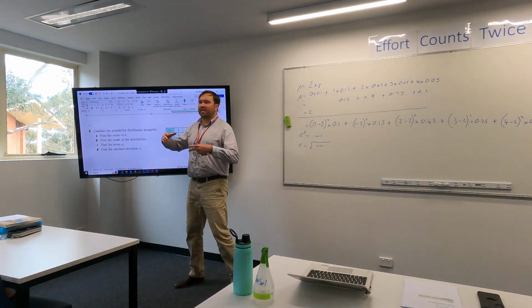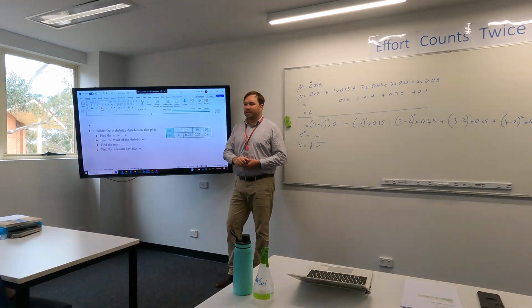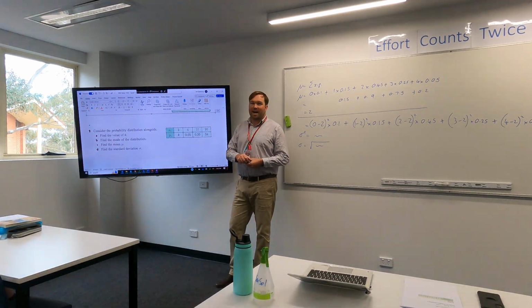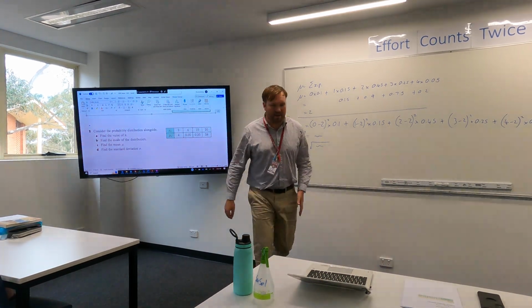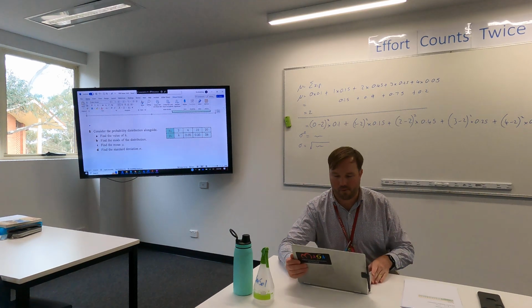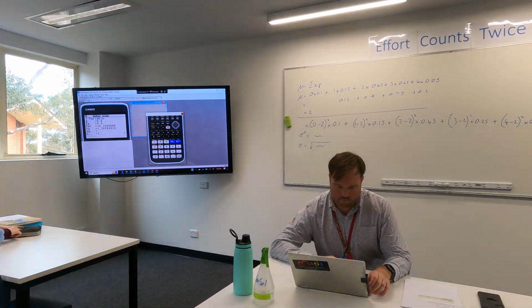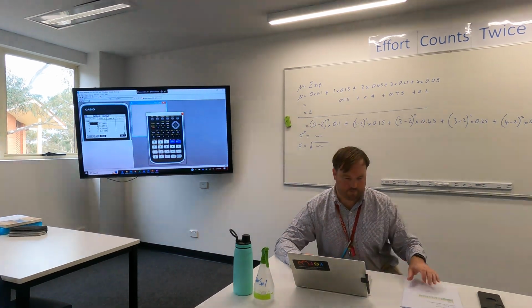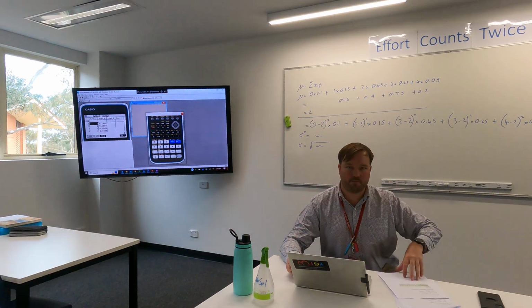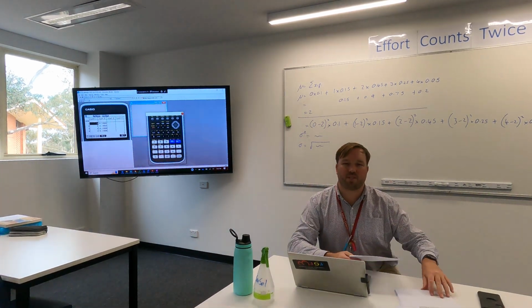Are we happy that, given we just did a similar problem, we could find the mean and standard deviation? Did you want me to do it on the calculator, just to jog memories of how to do it? All right, let's grab the calculator. Mode, it's the most likely to occur.